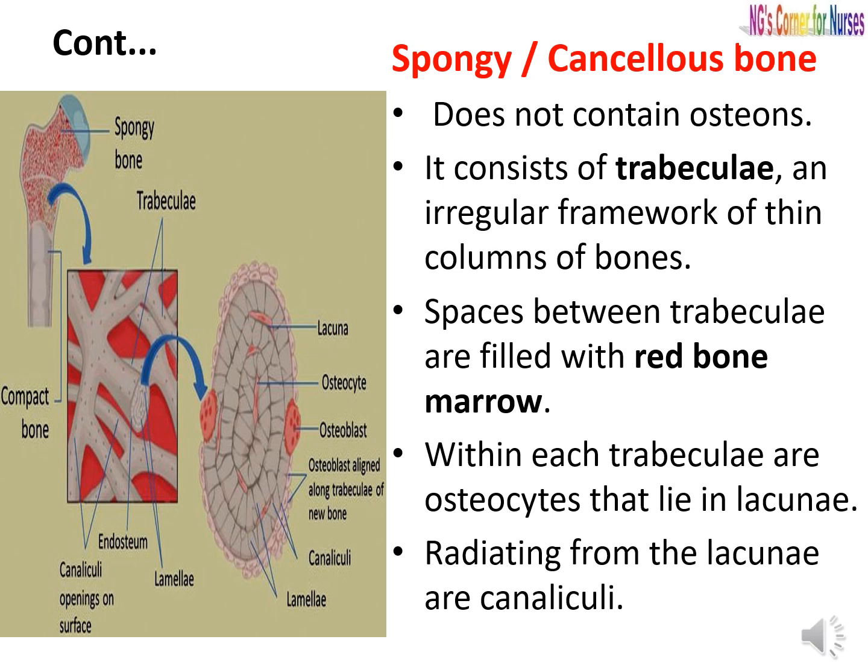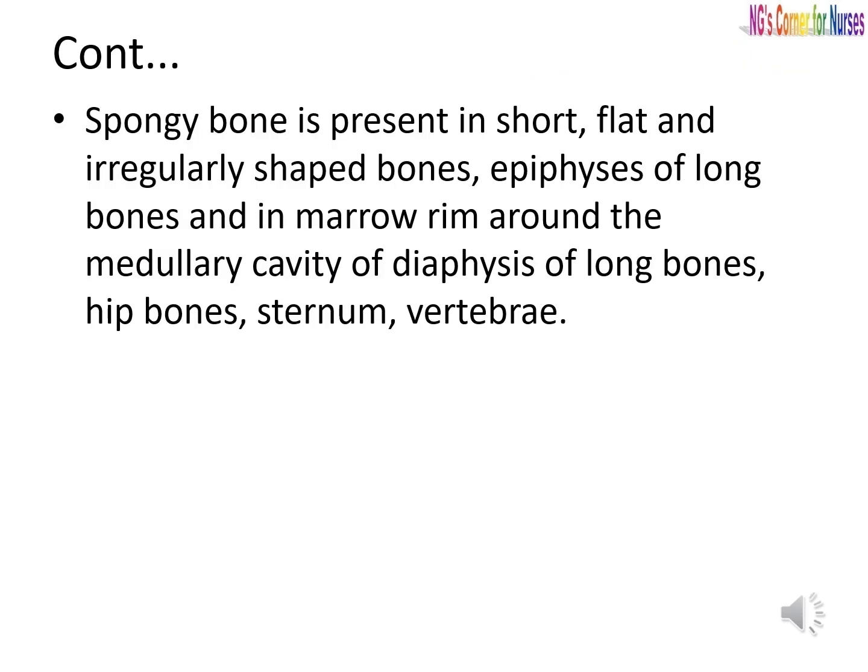Within each trabecula are osteocytes that lie in lacunae, and radiating from the lacunae are canaliculi. Spongy bone is present in short, flat and irregularly shaped bones, epiphyses of long bones, and in the marrow rim around the medullary cavity of diaphyses of long bones, or in hip bones, sternum or vertebrae.